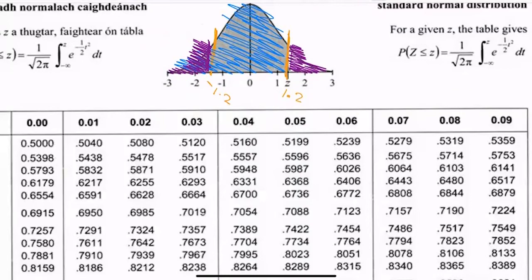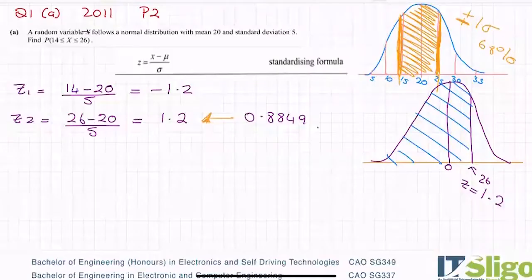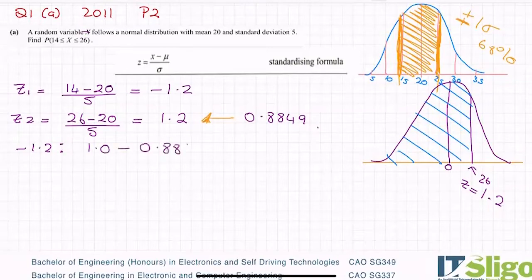So for minus 1.2 then, I do 1.0, so 1 minus 0.8849. 1 representing 100%, so that's everybody. But I'm just doing it in decimal because the tables are in decimal.